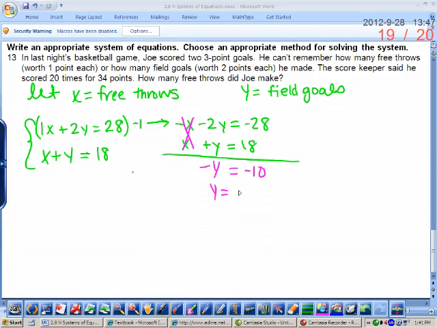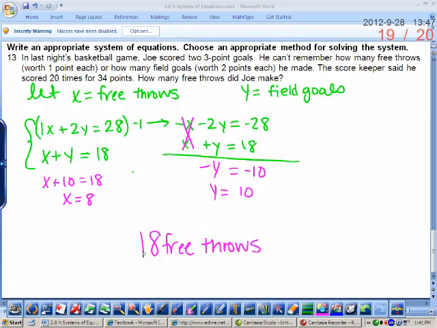So what is y? 10. I'm going to plug back in. x plus 10 equals 18. So what's x? 8. So my answer is what? 8 free throws. Okay, I am looking for these units on each problem.